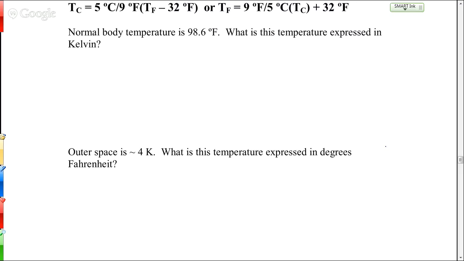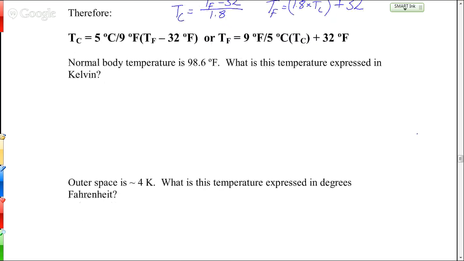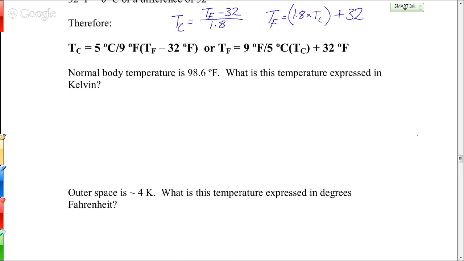So normal body temperature is 98.6. What's this temperature expressed in Kelvin? And then outer space is about 4 kelvins. What is this temperature expressed in degrees Fahrenheit?